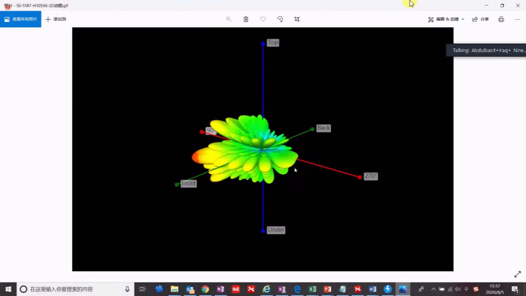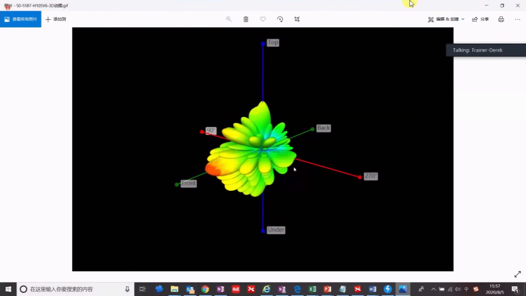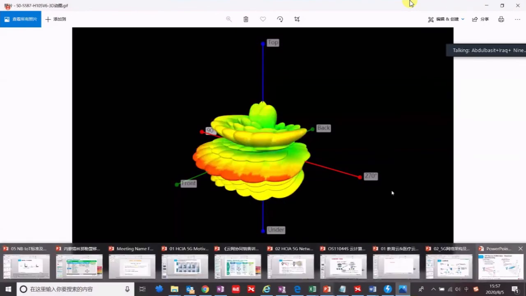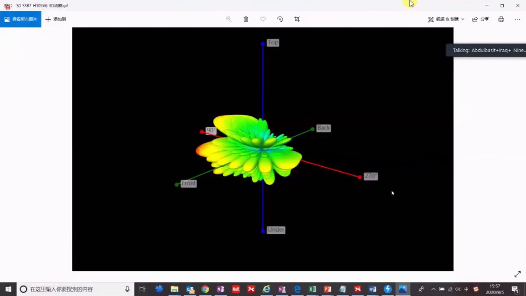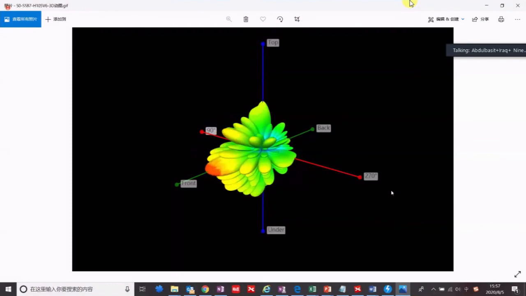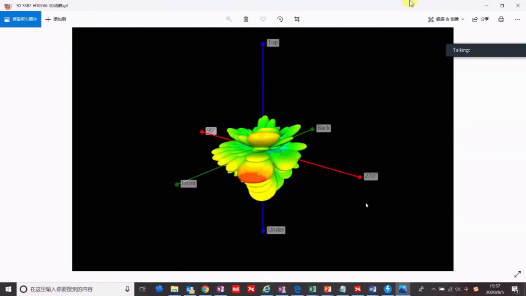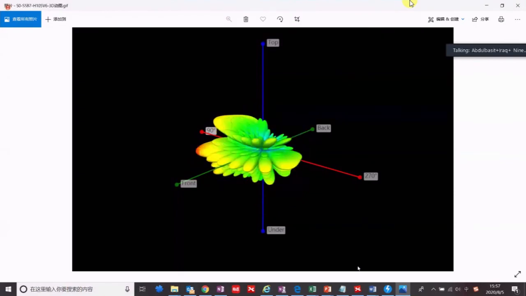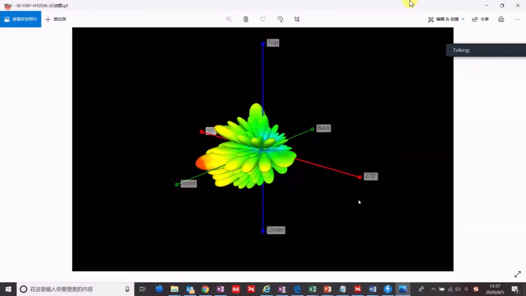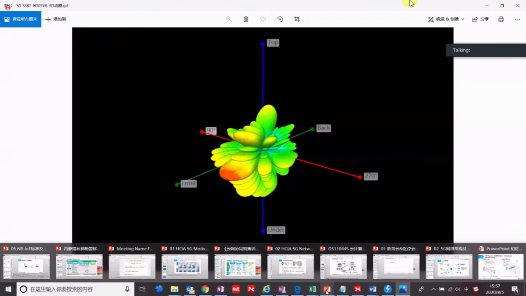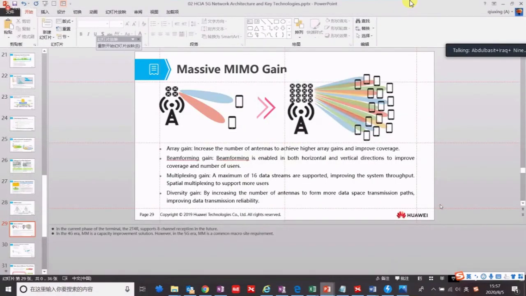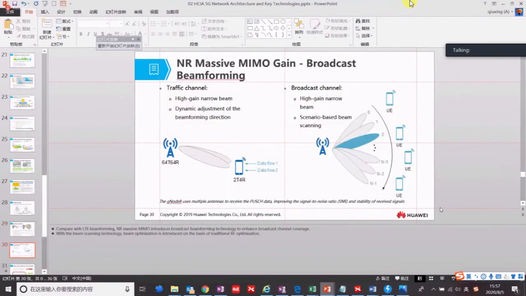Excuse me? Please. You have mentioned that the massive MIMO technique in 5G has 64T and 64R. Is that right? Sorry, can you speak slowly? Okay. You have mentioned that massive MIMO in 5G has 64T and 64R.